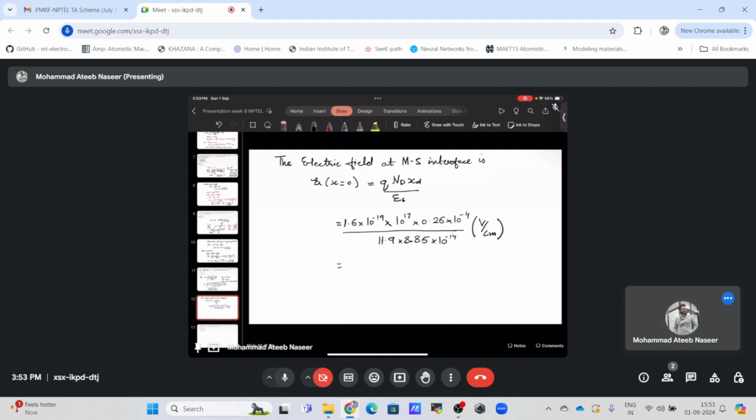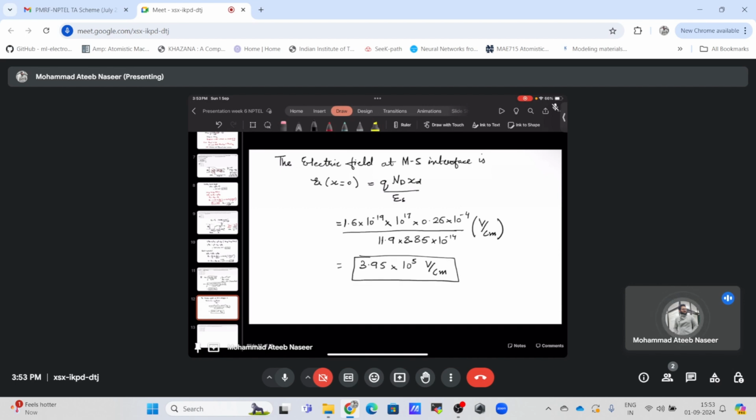Let's solve for this: 1.6 into 0.26, divided by 11.9 and 8.85, gives 3.95 into 10 to the power of 5 volt per centimeter.